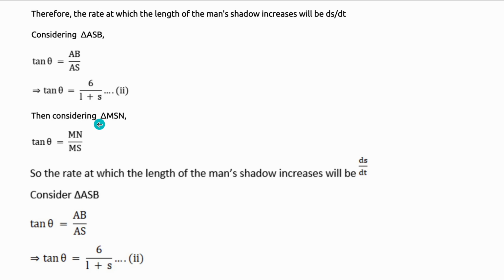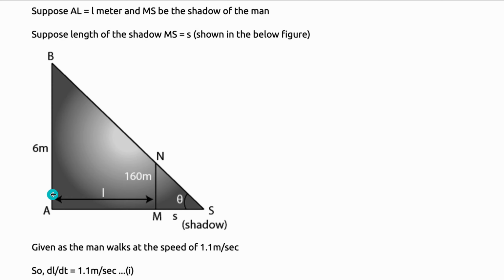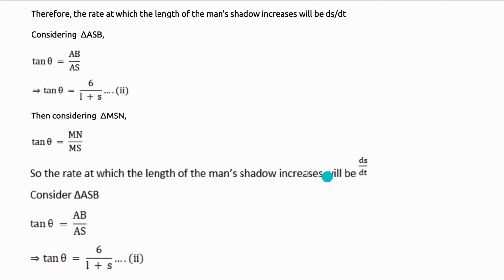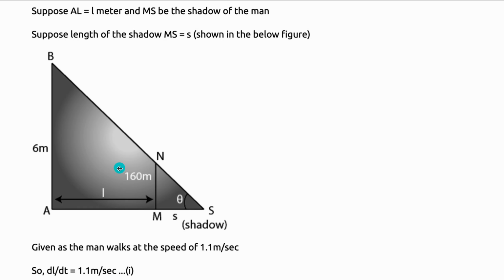So we write that. And considering triangle MSN, the smaller triangle, here again we write tan theta. So we'll get MN by MS, which is 160 centimeter or 1.6 meters, correct this.